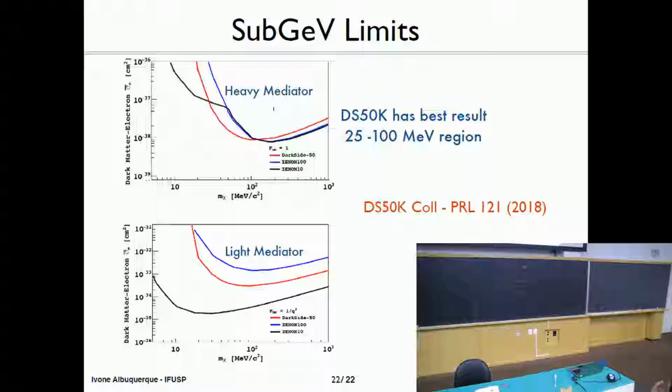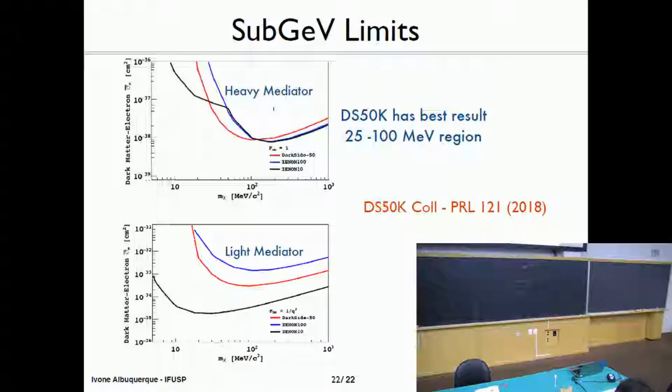And for heavy mediator, we have the best limit in this region here. And the other results are from XENON100 and XENON10, which was done by these authors here. So we also have a nice result.